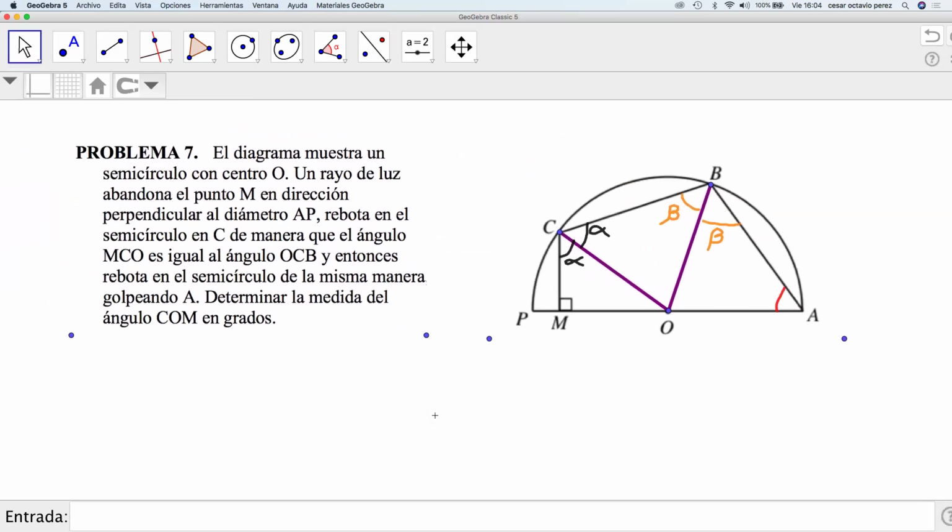Okay, let's see. ¿Ya viste cuál es la situación en este? Sí. ¿Ya viste cómo? Okay. We are going to forward alpha and beta.